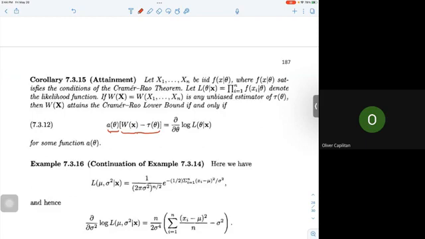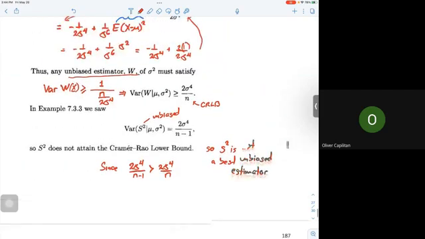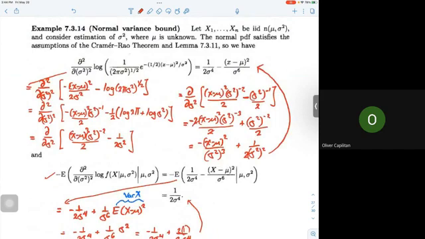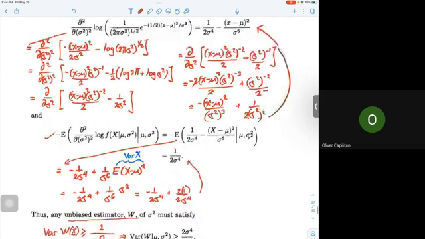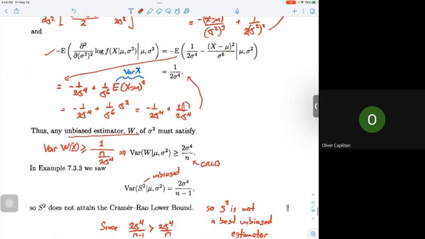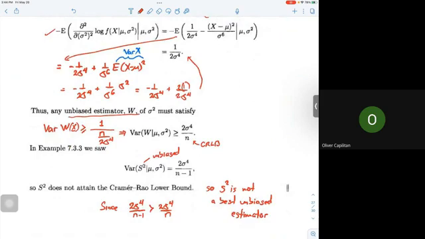Okay, so let us try to find. Dito kasi, itong formula natin dito, sa example 7.3.14, we use the Cramer-Rao theorem. We have the inequality that the variance of our unbiased estimator W is greater than or equal to that Cramer-Rao lower bound.